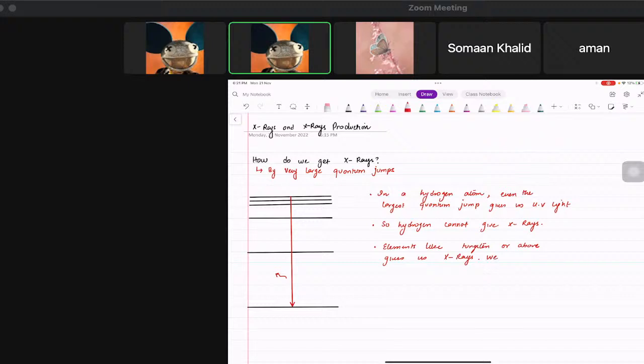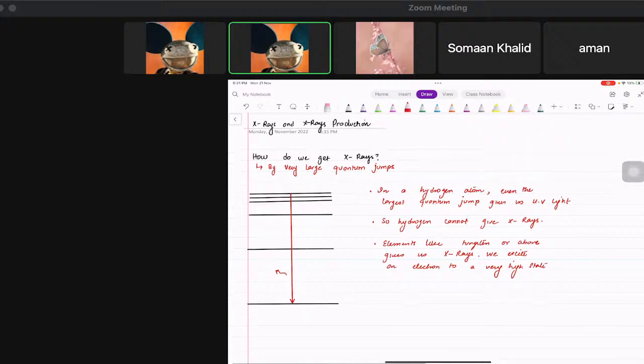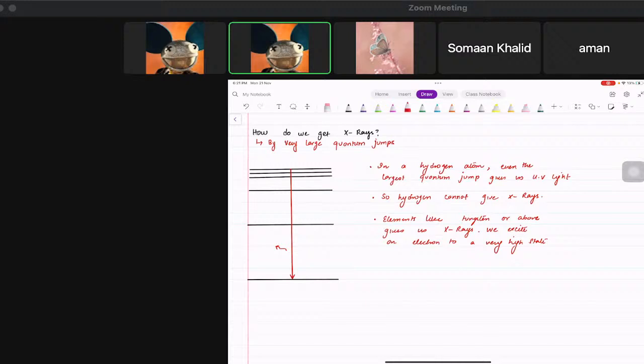So we excite an electron to a very high state. We need to make sure that it jumps up to a very high energy level, so when it comes down it can give us that.